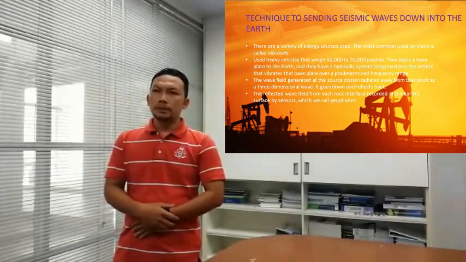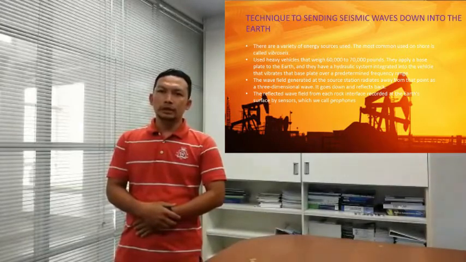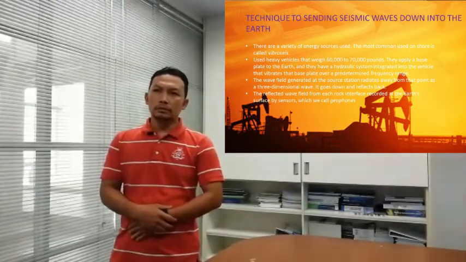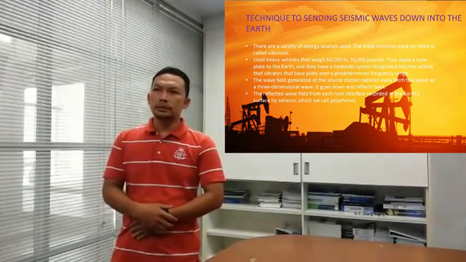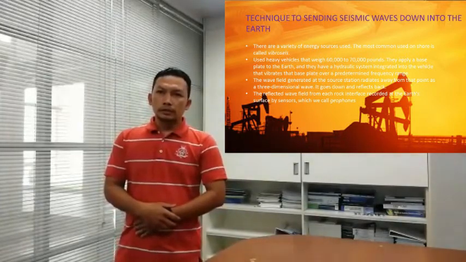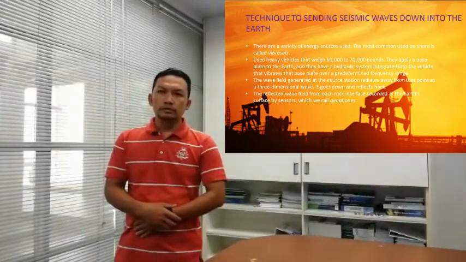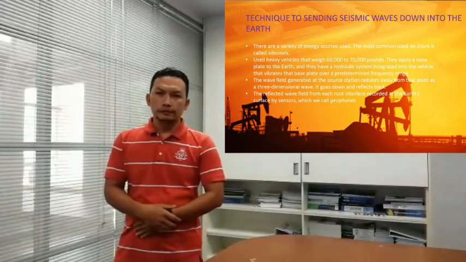They apply a base plate to the earth and they have a hydraulic system integrated into the vehicle that vibrates that base plate over a predetermined frequency range. So the vibroseis, which we will call the source station, becomes the energy source of the seismic wave.